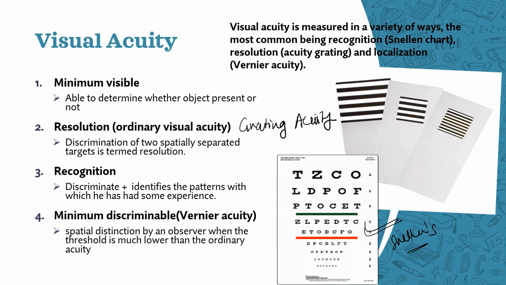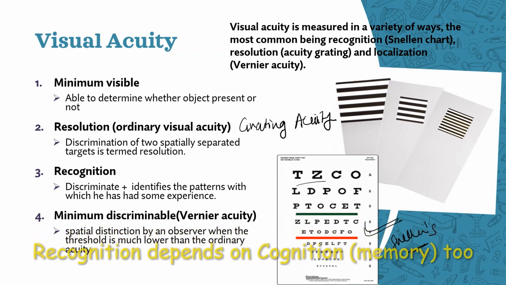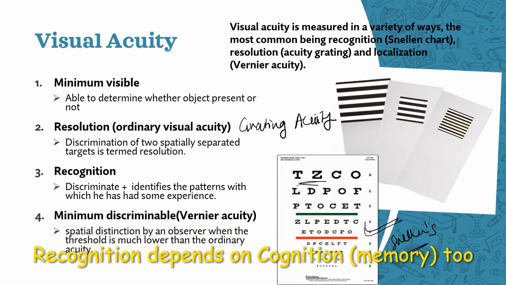Then even if you are able to identify these as two separate objects, you won't know what these objects are. So in recognition, discrimination has to be present, plus the patient is able to identify the patterns with which he has some experience. If the patient is illiterate, then he won't be able to recognize. This is the third component of visual acuity.